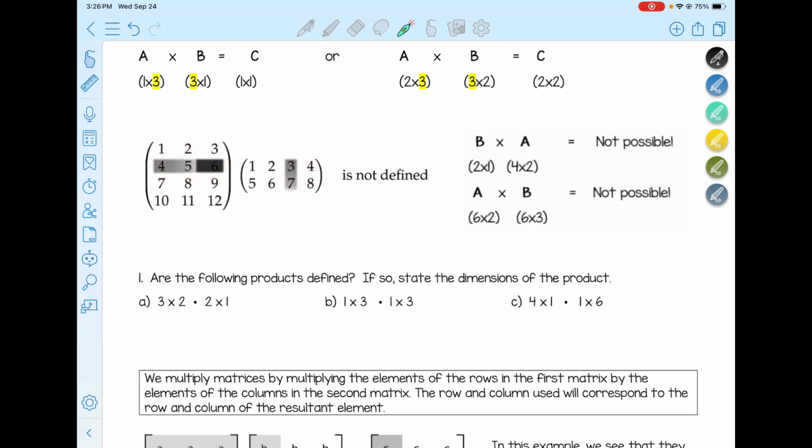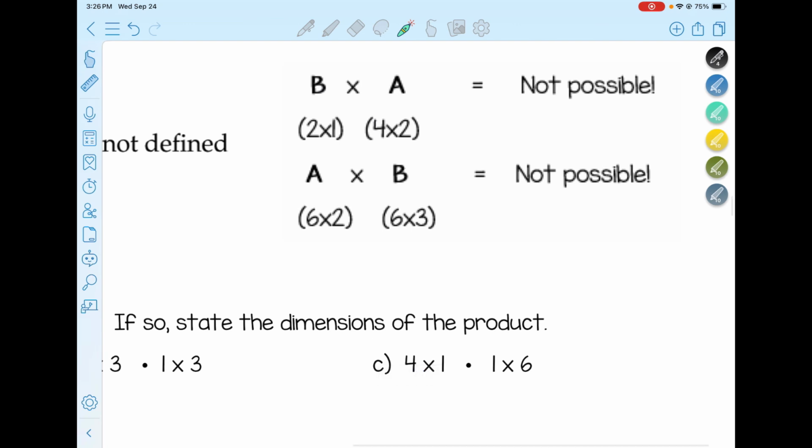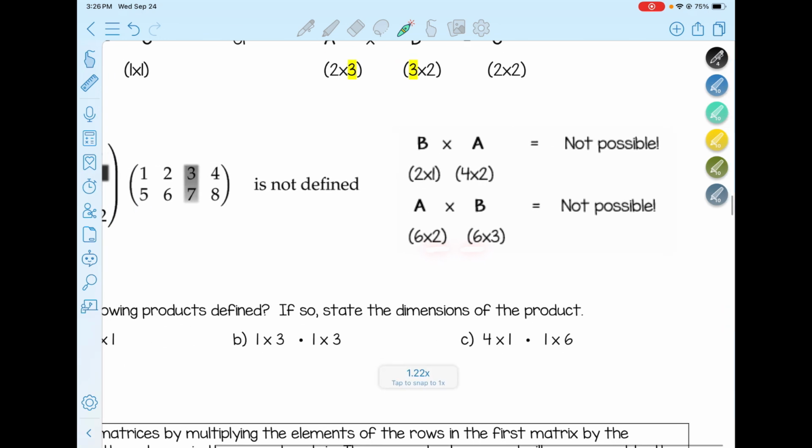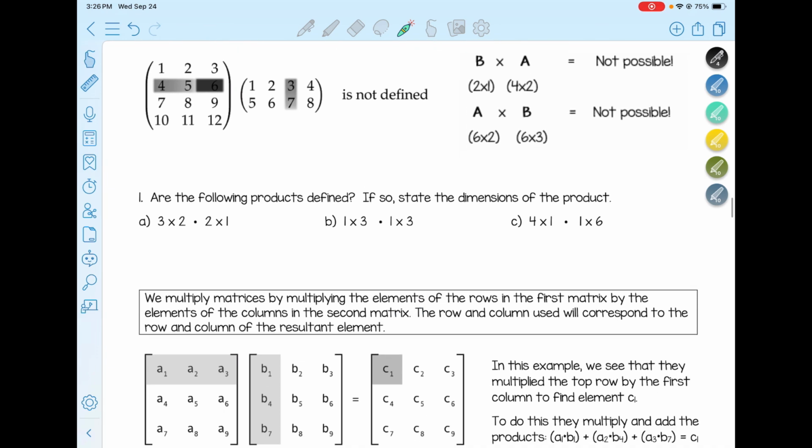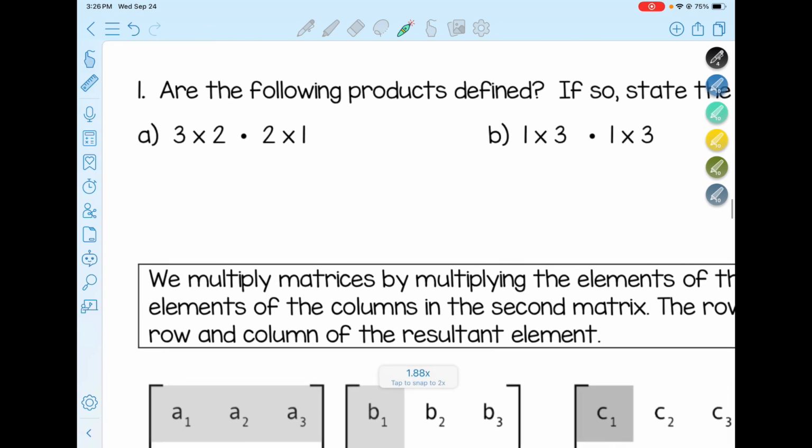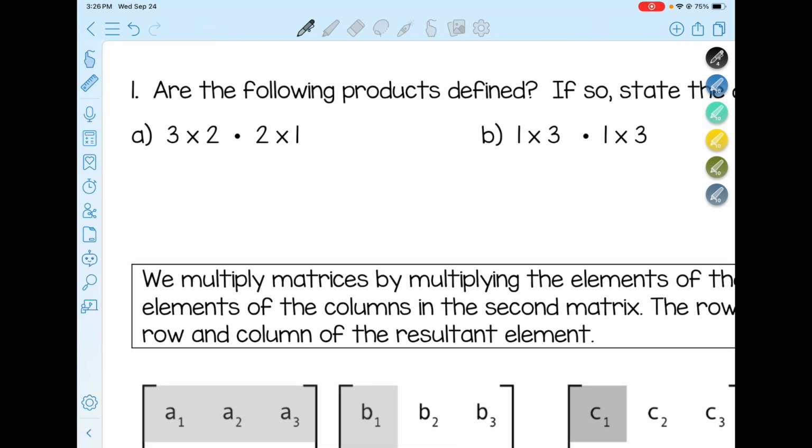So we can see, for example, with these two matrices over here, matrices on the right, that we've got a 1 right here and a 4 right here. So because of that, they're not possible. And this one has a 2 right here and a 6 right here, so that is not possible. So if we look at this, we just want to determine if they would be defined if we multiplied them, and if they were, what the resulting matrix dimensions would be.